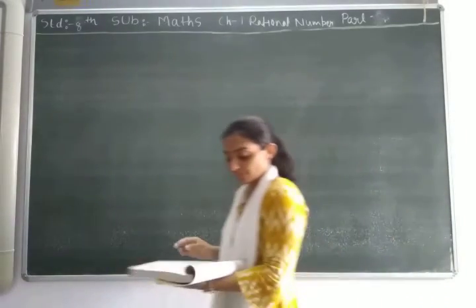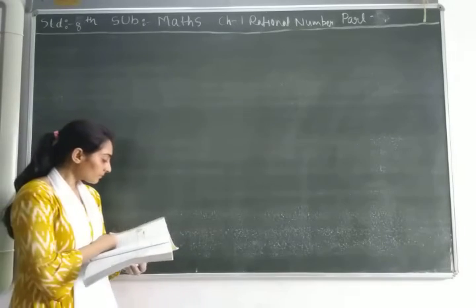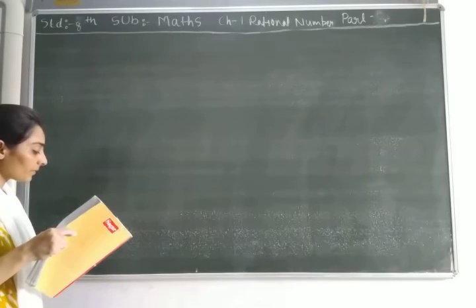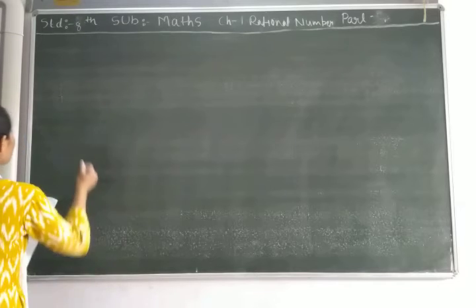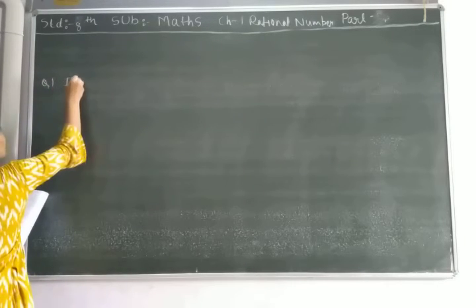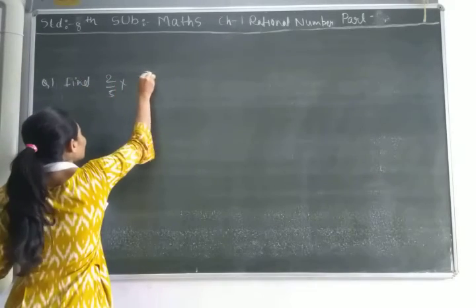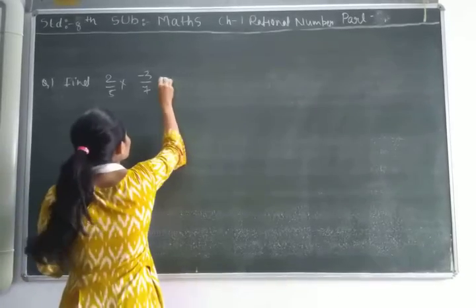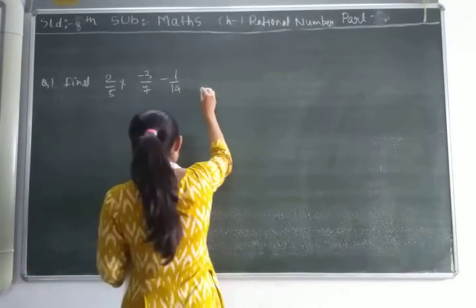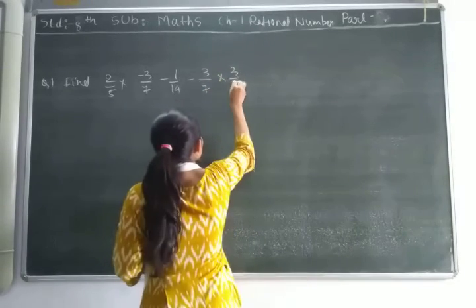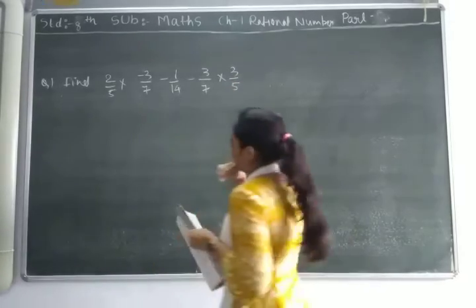Taking one more example. Find 2 by 5 into minus 3 by 7 minus 1 upon 14 minus 3 upon 7 into 3 upon 5.